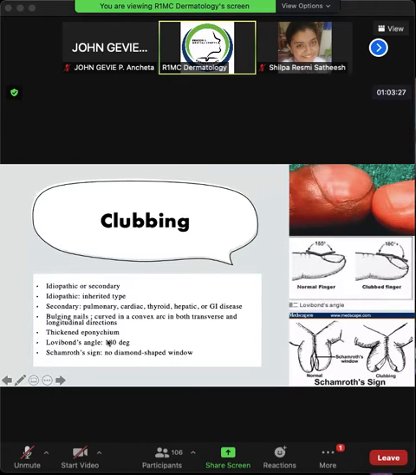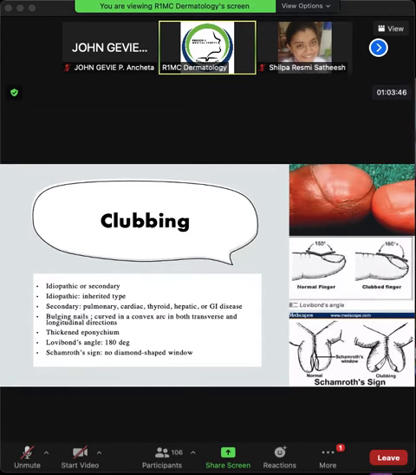So normally, it is approximately 160 degrees. However, when you have clubbing, this angle is actually obliterated and it becomes 180 degrees or greater.